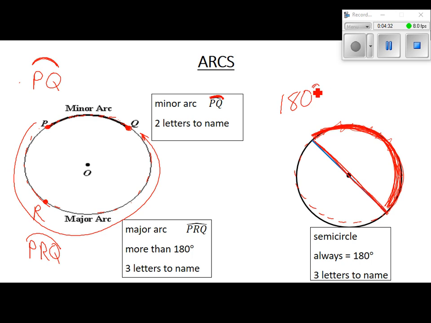We talked a little bit about semicircles. Remember, last time we dealt with this, if you draw an angle inscribed in that semicircle, that angle is always going to be a right angle. And that triangle would be a right triangle, and we could use Pythagorean's theorem, SOHCAHTOA, and all that other stuff.